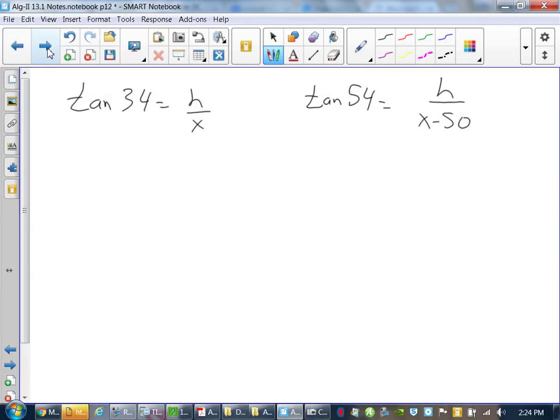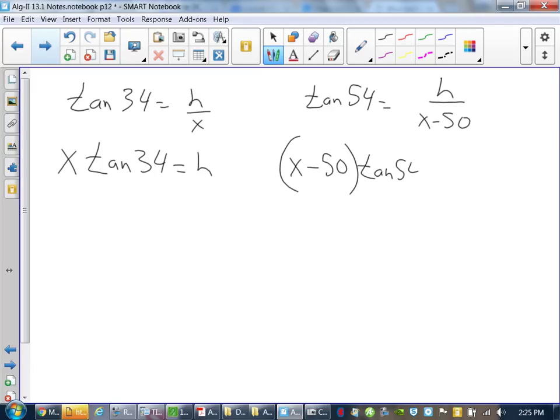Okay. So, on the left-hand side, how do I get h by itself? Multiply out the x, just bring the x over. If I do the same thing on the other one, I can say that x minus 50 times the tangent of 54 is also h.